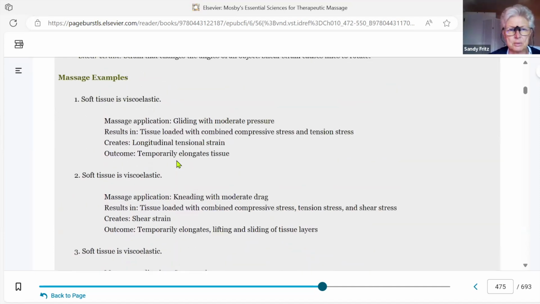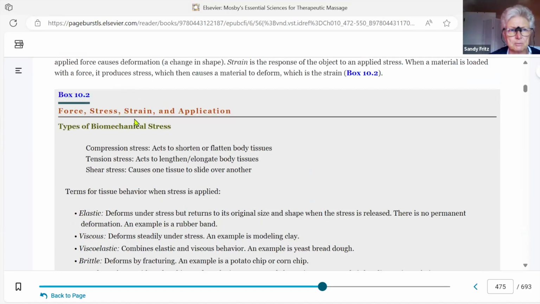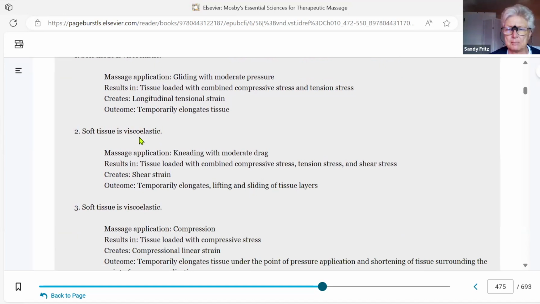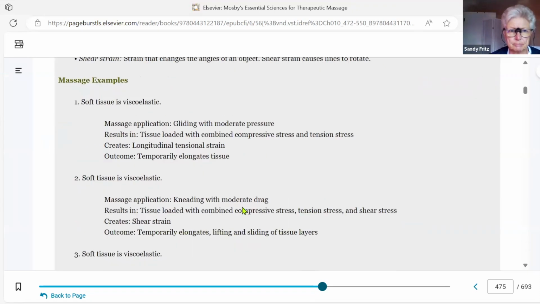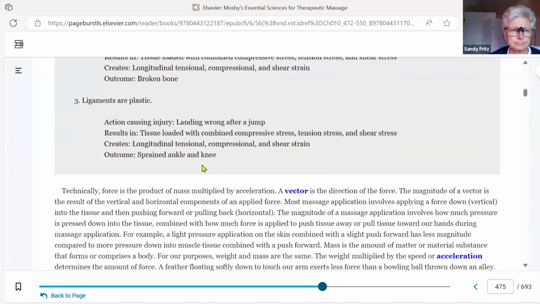So I think this is really helpful in this box. It's really helpful in kind of conceptualizing what happens when mechanical loads are applied to the body, both therapeutically as well as in causing injury.